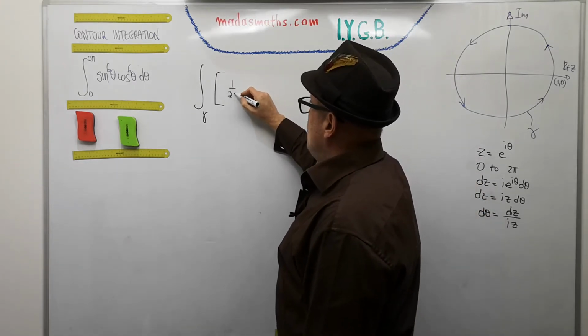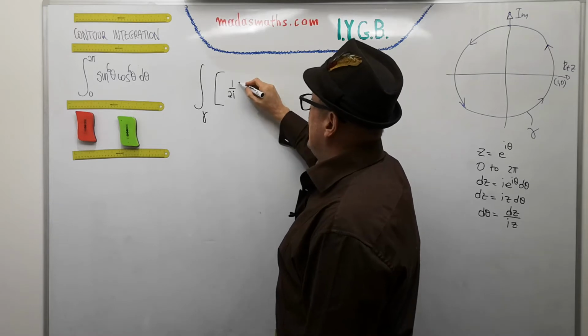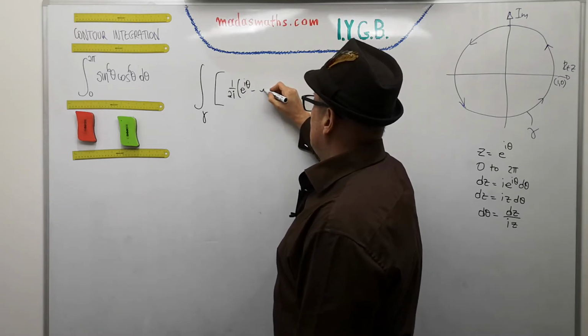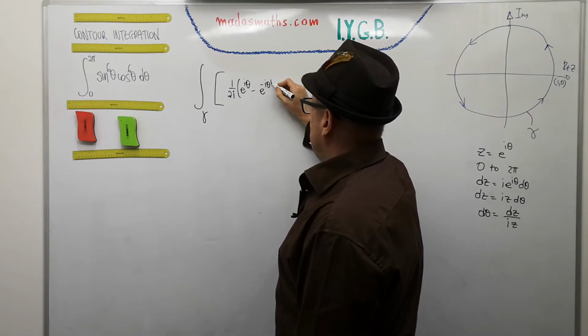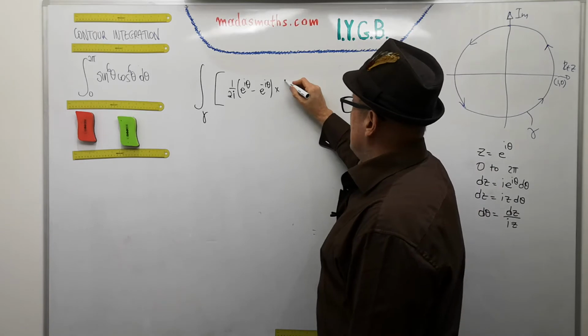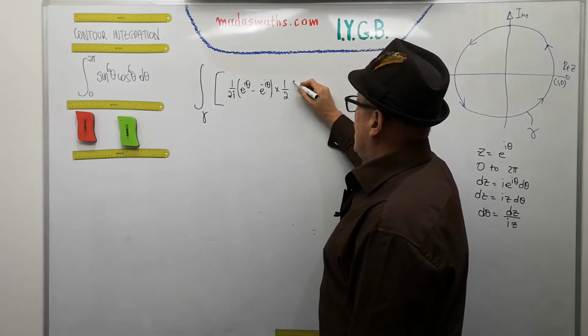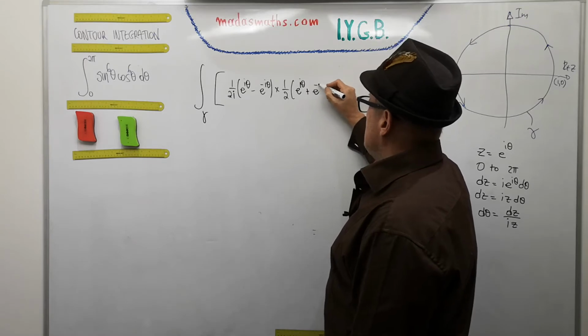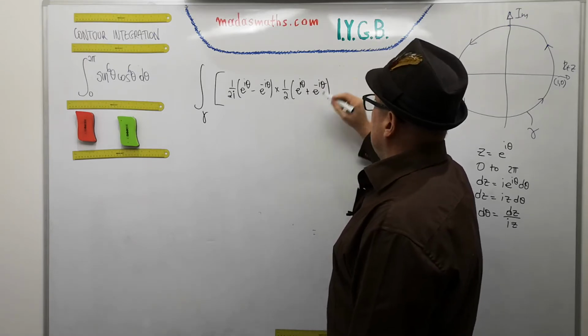This is the sine that I'm writing in here. So this is 1 over 2i, e to the i theta minus e to the minus i theta. So that's the sine of theta, times, this is the cos, a half, e to the i theta plus e to the minus i theta.